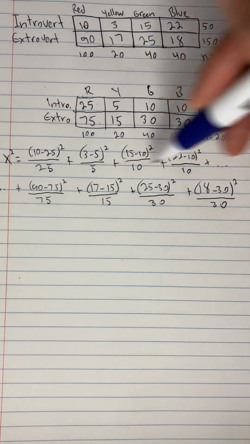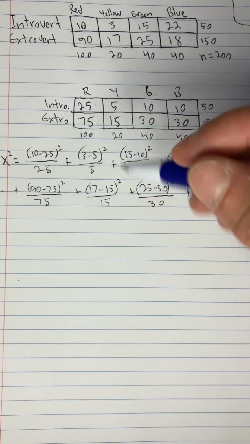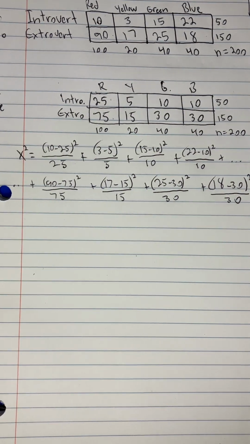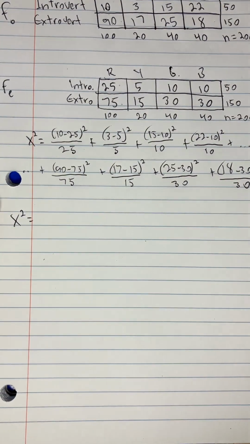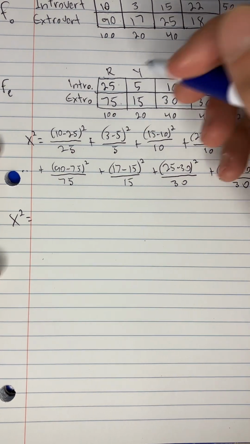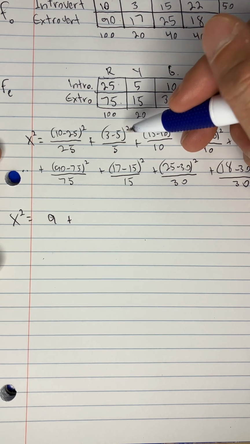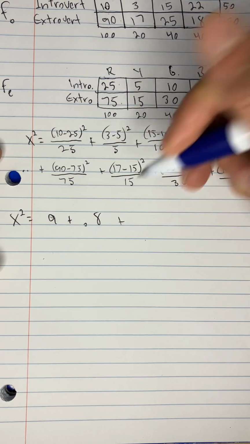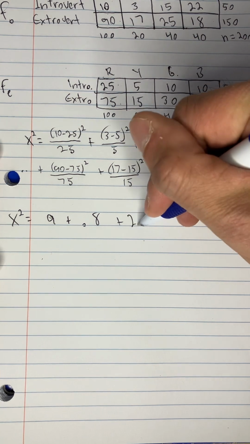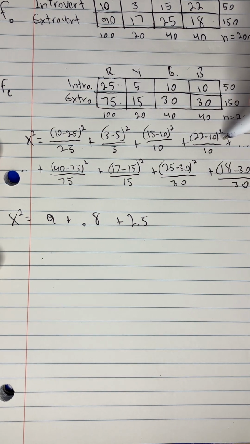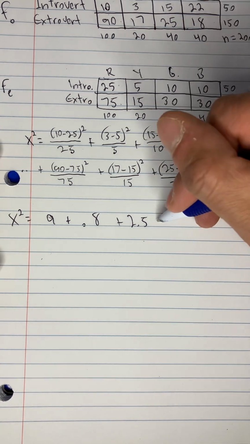I'm going to skip a lot of the in-between steps, since I already solved each term. So the first term is 9. The second term is 0.8. The third term is 2.5. And the fourth term, 14.4.